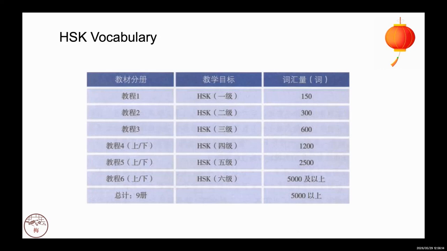You spend more time in China, so you are supposed to reach a higher level, which is HSK 4. Okay, just for you to understand the testing system and how many words you are supposed to learn.